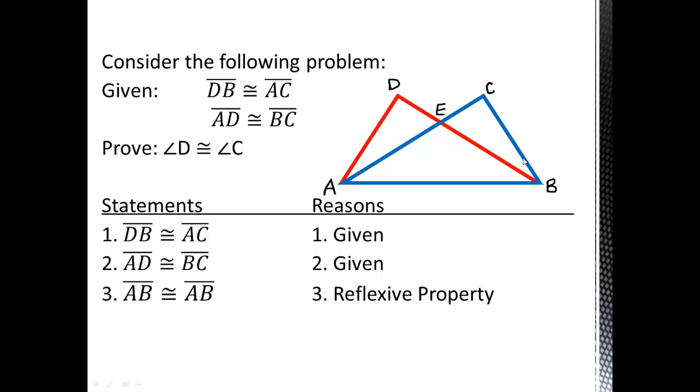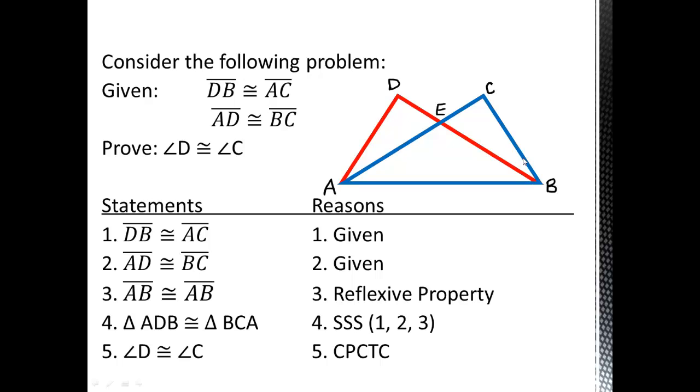So now I've got these three sides that are congruent, and I can say that triangle ADB and triangle BCA are congruent because of side, side, side, as shown in steps 1, 2, and 3. Now that I have those two triangles congruent, I can say that angle D is congruent to angle C by CPCTC.